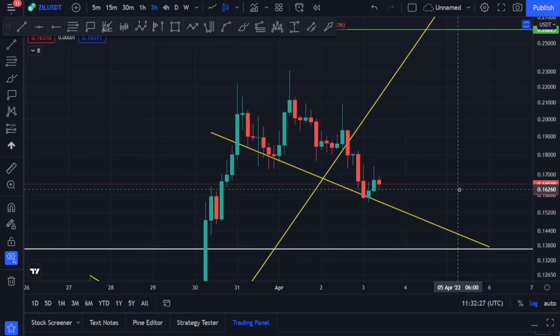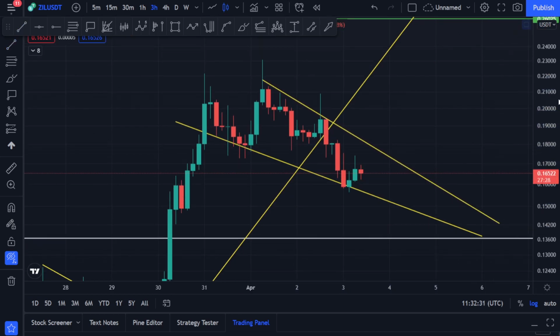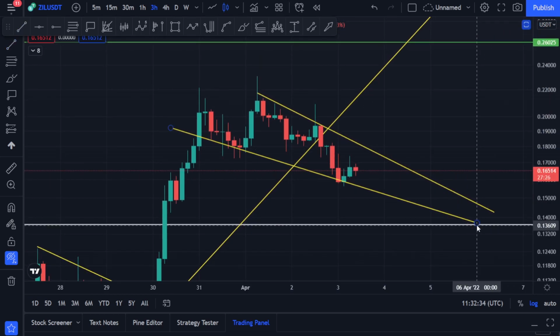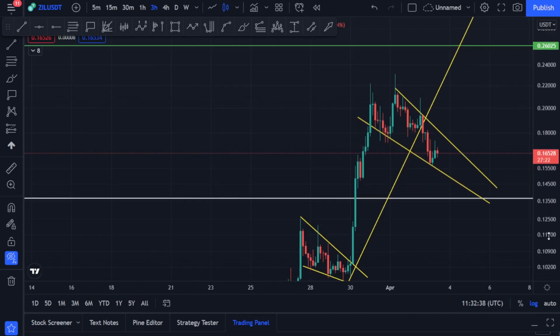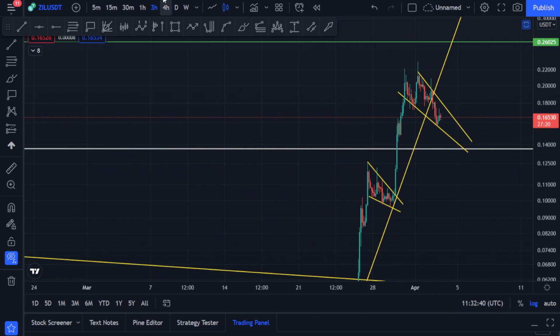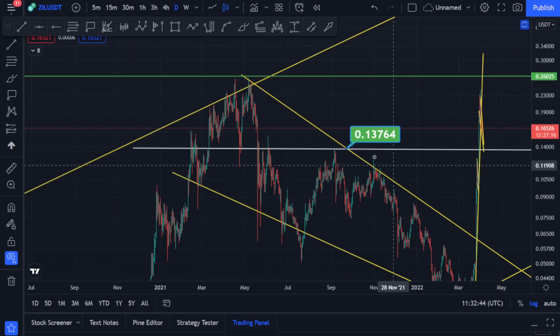And I can also see some resistance levels for Zilliqa right over here. Now if you go in the daily, the next strong support point for Zilliqa is at this area, 137.64.